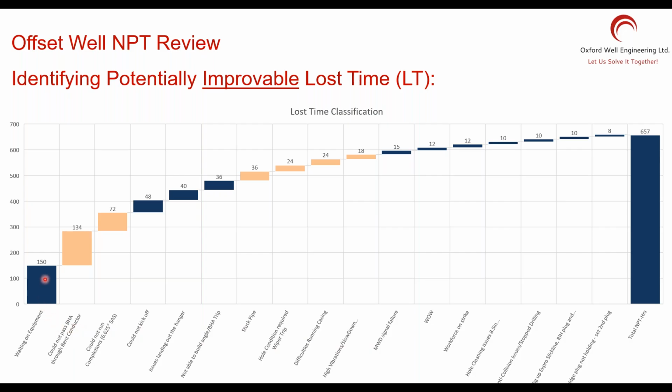Waiting on equipment, 150 hours of waiting. In remote areas, it is possible. Casing did not arrive because there were some issues or whatever the issues were. People are waiting for casing to arrive so that they can drill and case the well. Sometimes it happened. It did happen, actually, with some of mine.